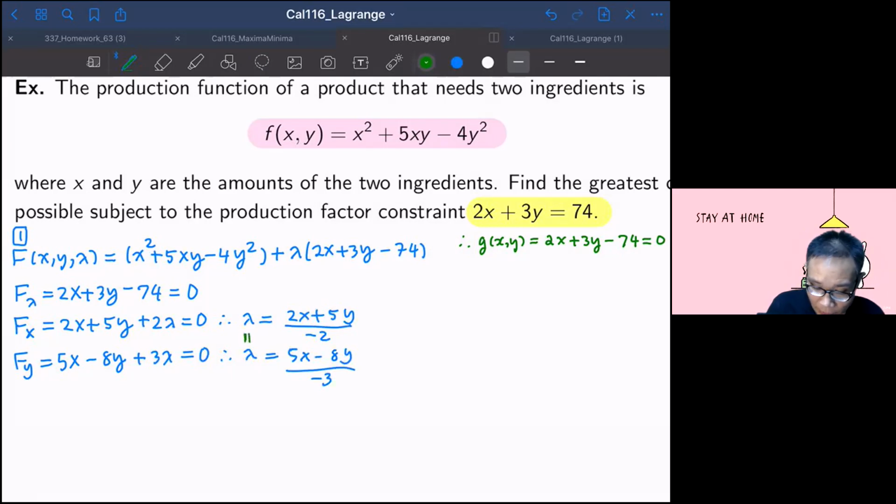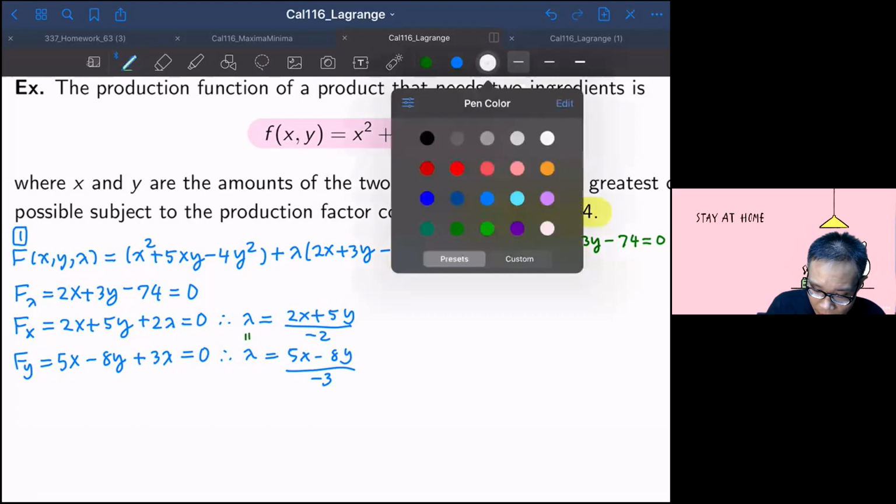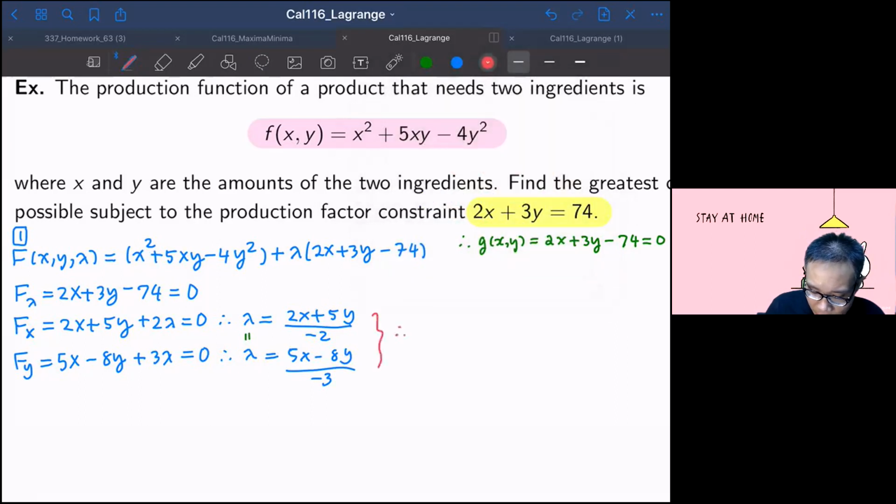So you have 2x plus 5y over minus 2 equal to 5x minus 8y over minus 3. So you cross multiply this one. First let's get rid of the negative sign.